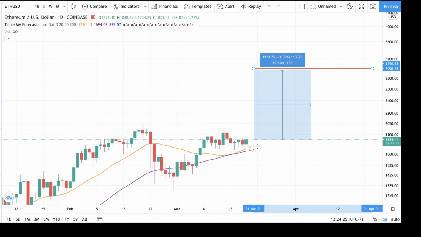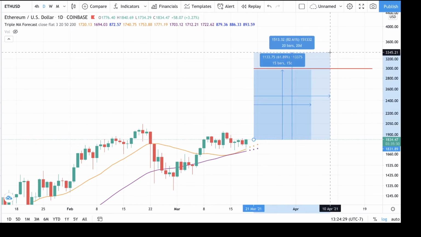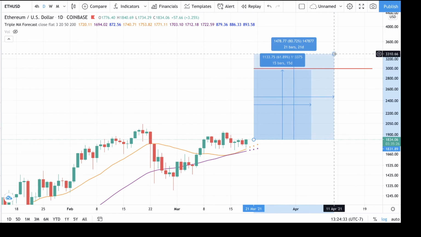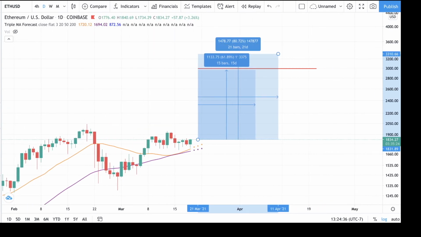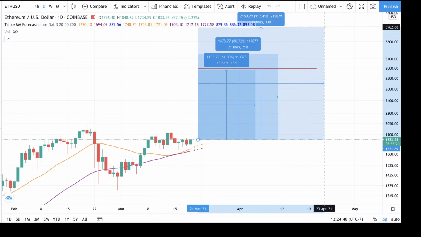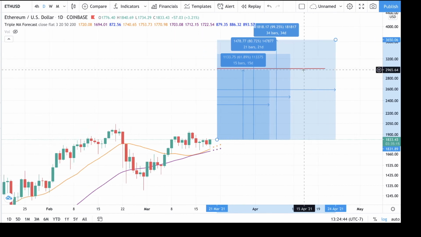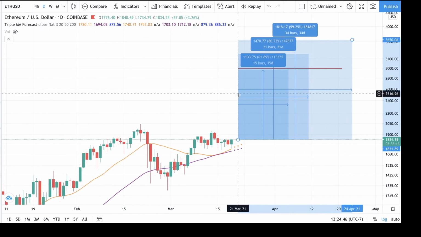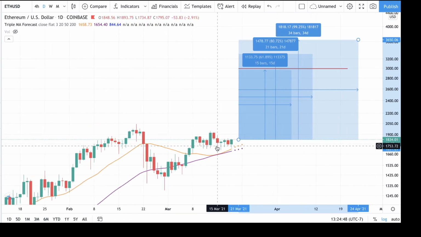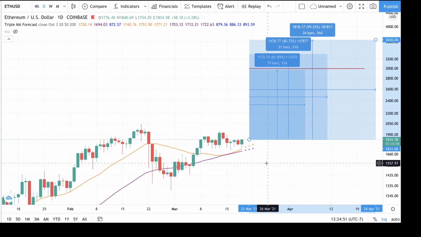Now, if you were thinking maybe it's going to take a little bit longer, we can see 80%, and 80% can easily see the $3,200 level, 3,300. And finally, if it's 100% up, from 1800 approximately, it's going to be 3,600, so right around here. So there are three targets for us if this pattern, this fractal, is going to play out.